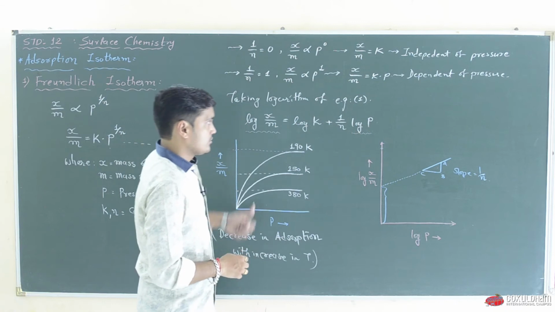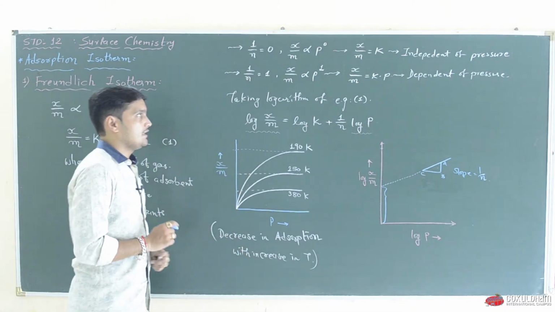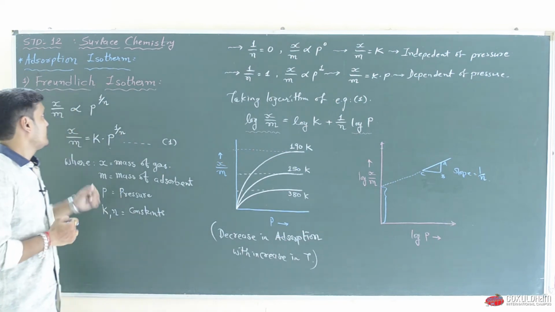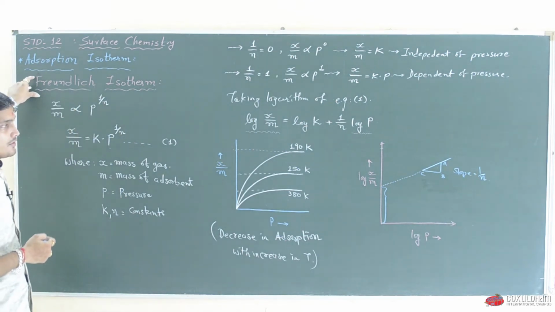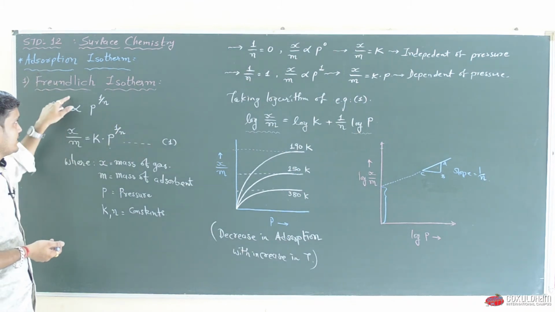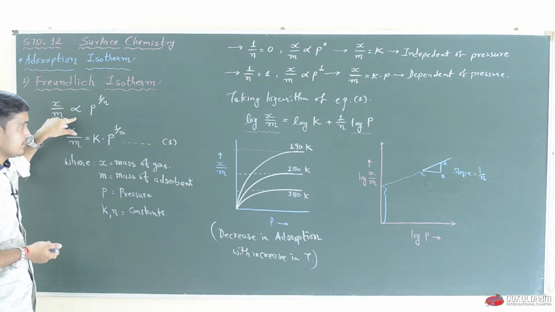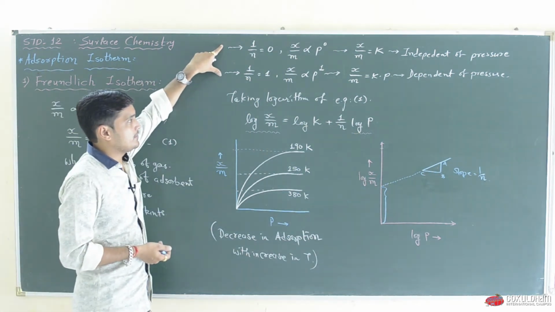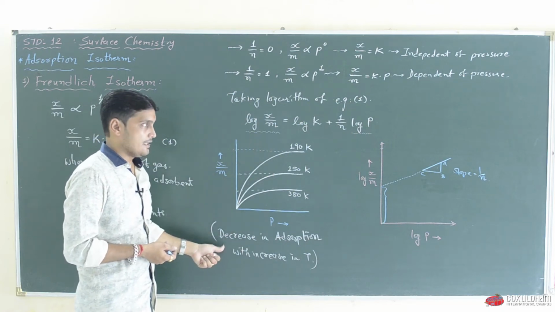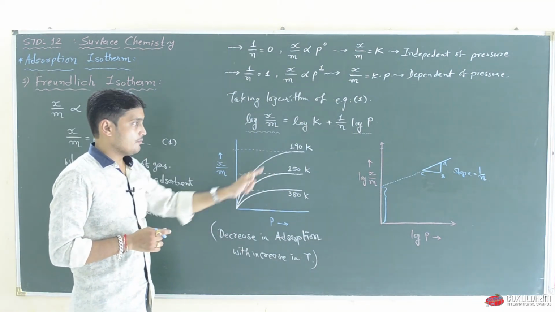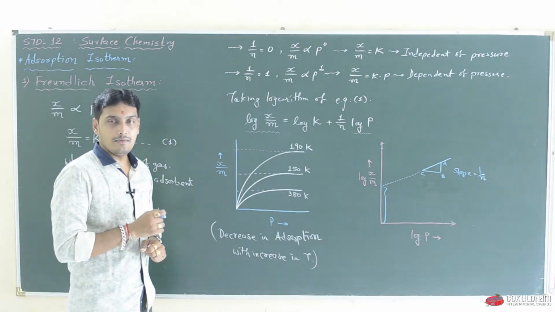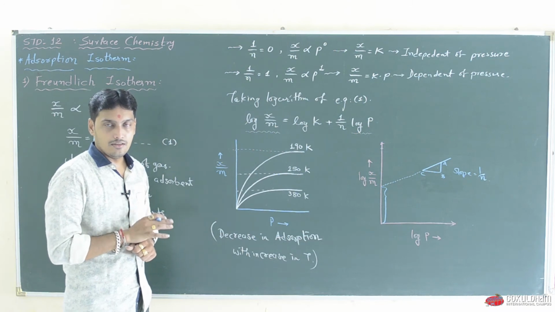This is the most important theory, asked for 3 marks in your exam: explain Freundlich isotherm with graph. You have to write down the statement, the equation, these two possibilities, these two graphs and the statement. And remember that both graphs were explained by Freundlich in experimental conditions, not in theoretical conditions.